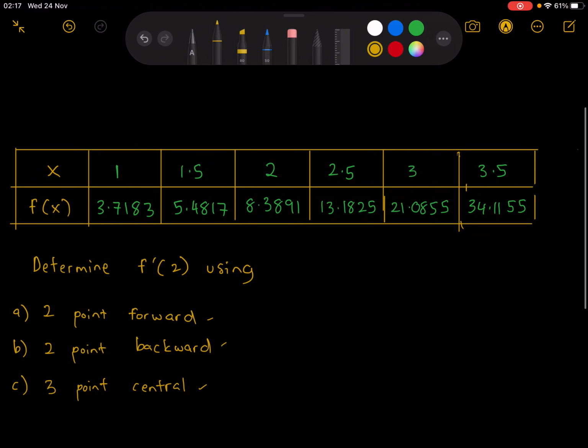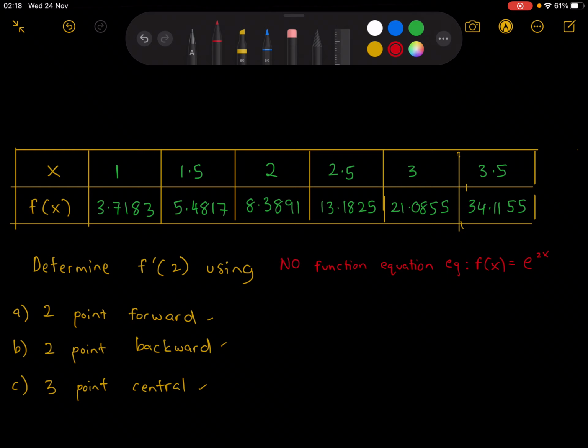If you compare this question and our previous example, first we can see that the function equation, for example f(x) equals e to the power of 2x, is not given.